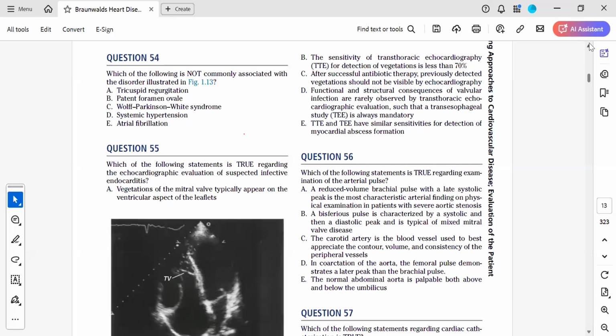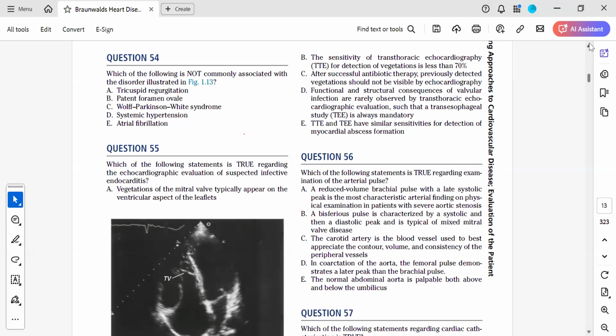Option B, the sensitivity of transthoracic echocardiography for detection of vegetation is less than 70%. While reading, Braunwald's actually quoted 63%, but other books quoted between 60 to 65%, which is actually less than 70%.